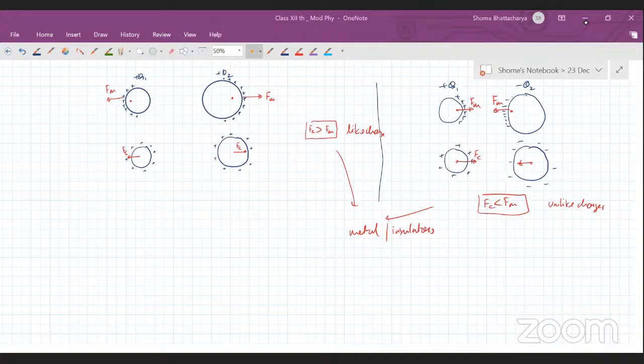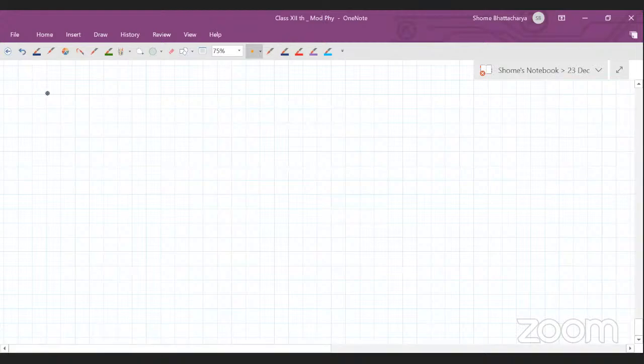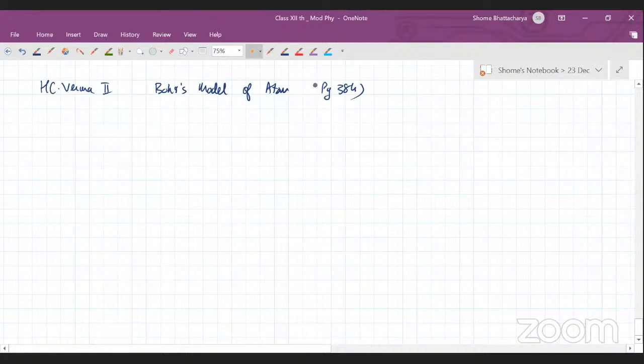Okay, so let's understand this question. Now this type of question is very important in the application of Bohr's model of atom. This is H.C. Verma, Bohr's model of atom chapter, page 384 in my edition.